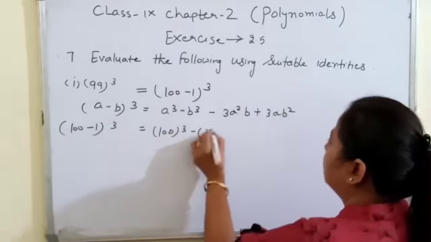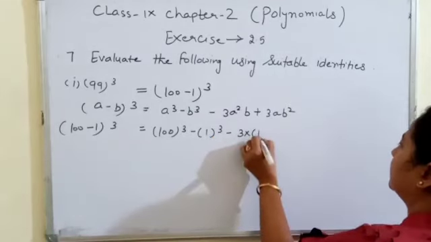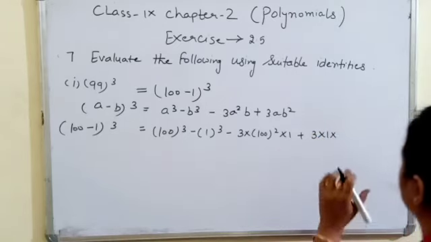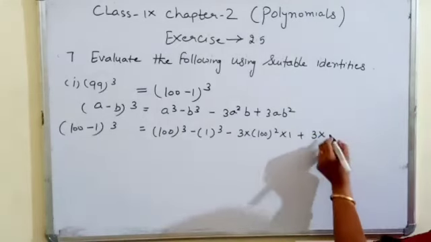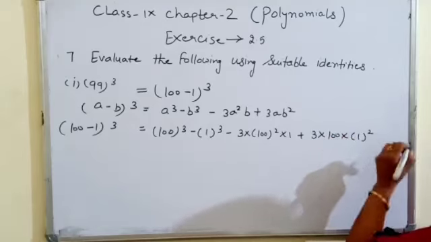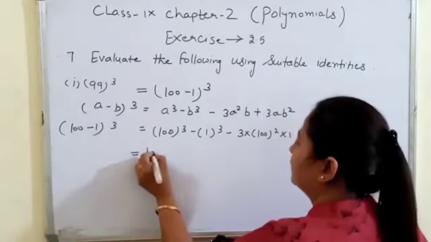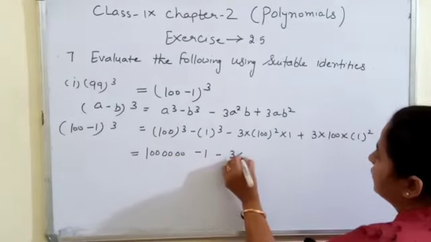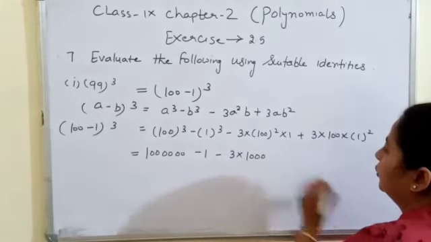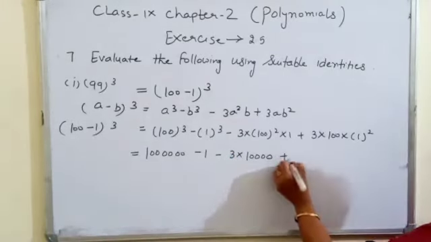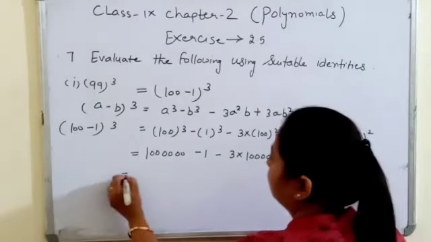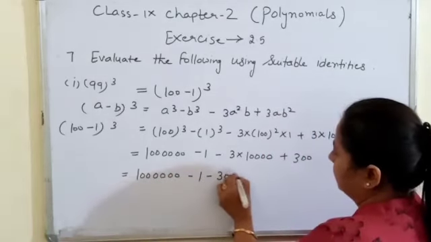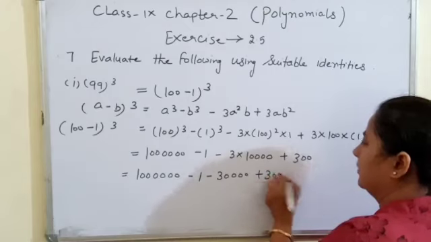A cube minus B cube minus 3 A square B plus 3 A B square. 100 cube, it means we have to multiply 100 up to 3 times. Minus 1 minus 3 into 100 into 100, 10,000, plus 300. Now minus 1 minus 30,000 plus 300.